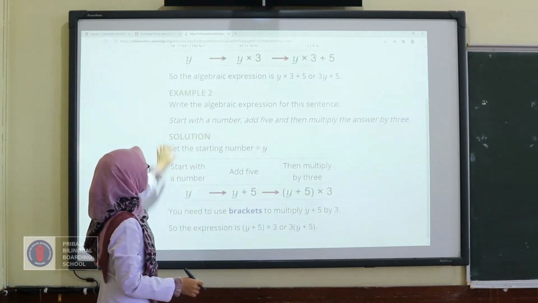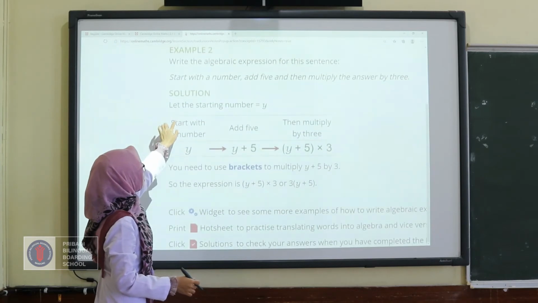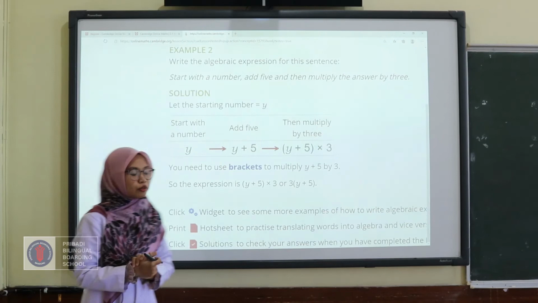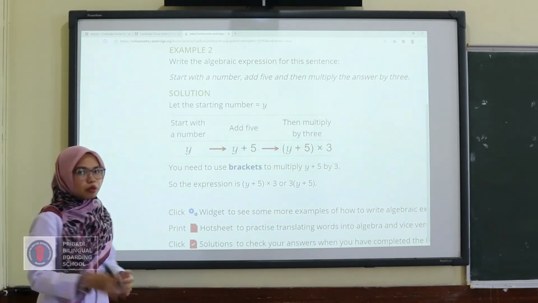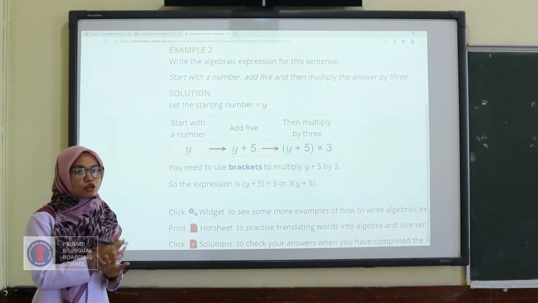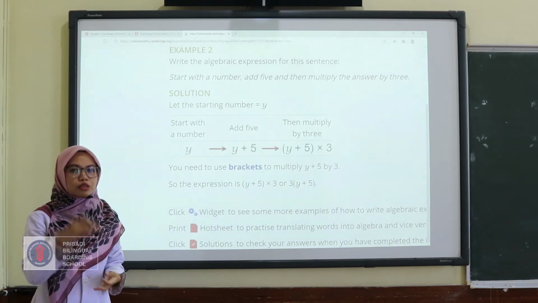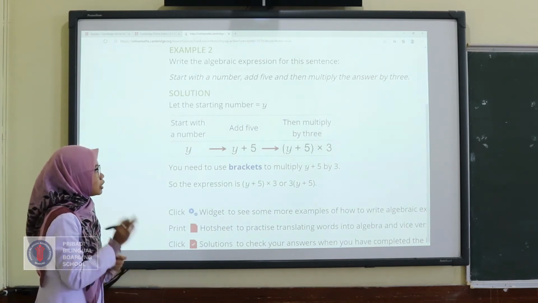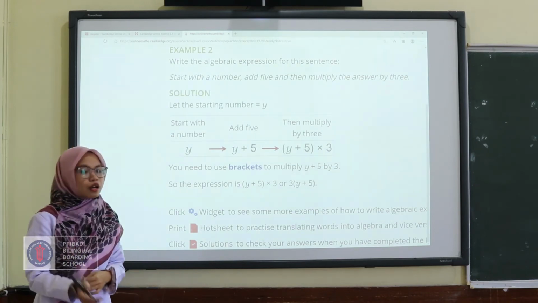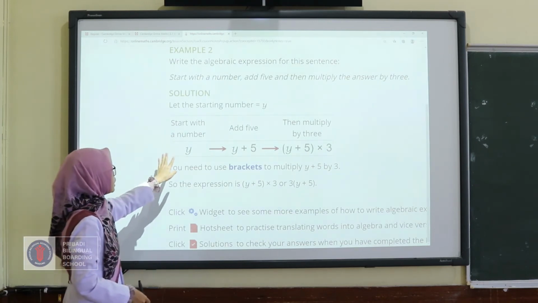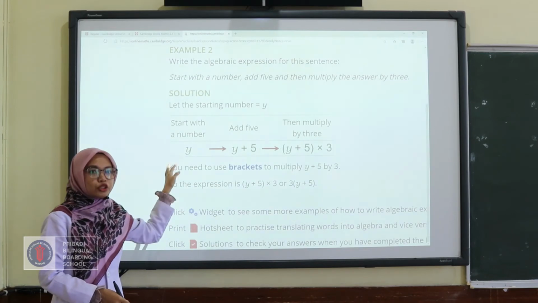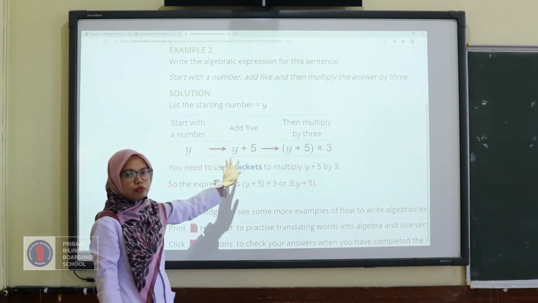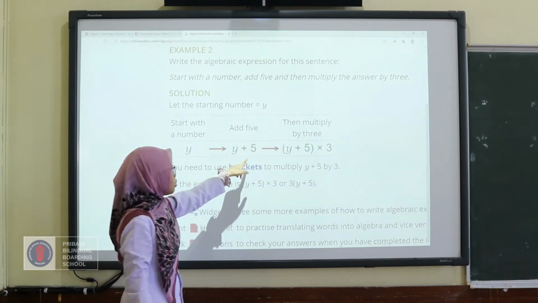The next example is to write the algebraic expression of this sentence. Start with a number. It is the same because you don't know the number, you can write it as a small case letter. And then add 5 and then multiply the answer by 3. So the first thing you have to do is start with a number. They choose y as the unknown number. And then add 5, plus 5.